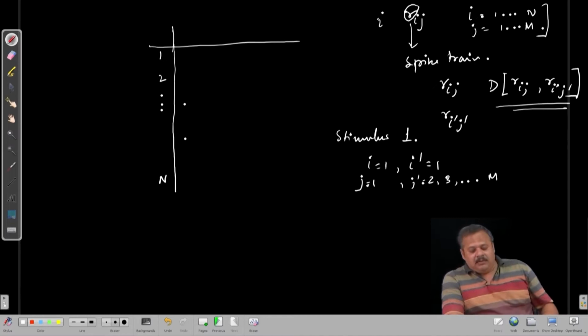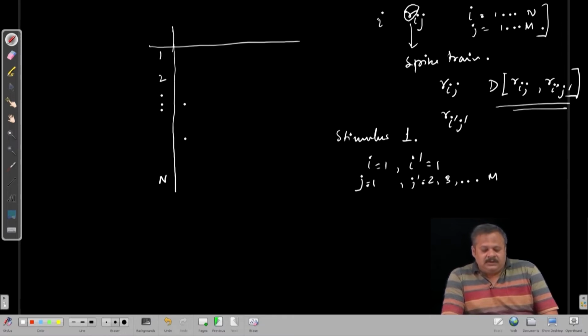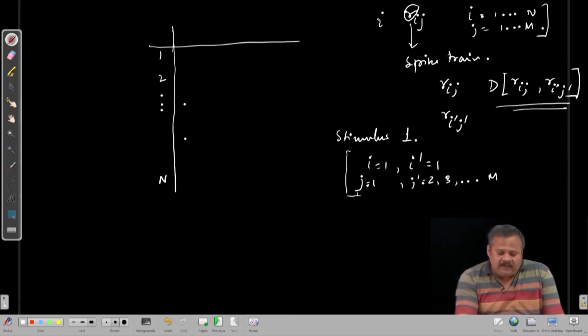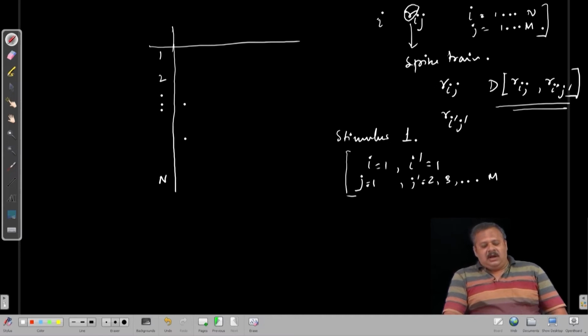We are computing the distances of the first spike train for the first stimulus from the other spike trains of the same stimulus. So we will have a set of distances that the first spike train has with the spike trains produced by the same stimulus.